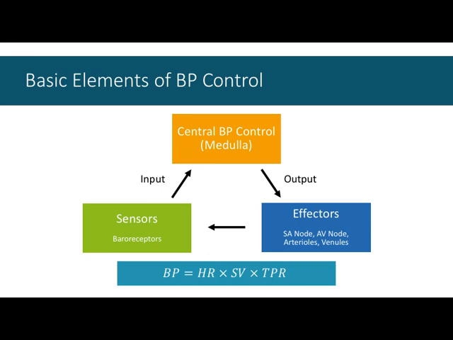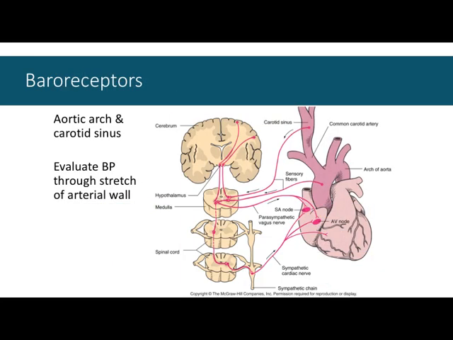So we want to look at how these individual values are changed. We know the framework that controls them, and now we're going to look at how we modify each of these factors. So from the aortic arch and the carotid sinus, this is a depiction of the relay anatomically. We have the sensors shown here that relay information to the medulla and also the cortex in this case.